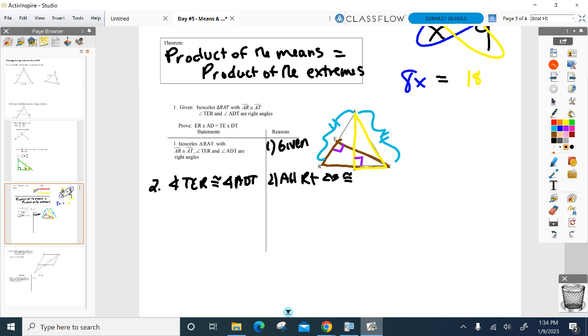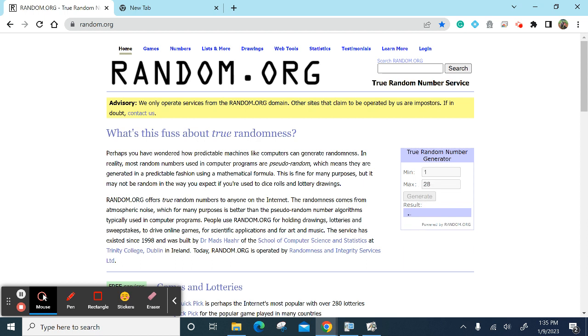Angle ART is congruent to angle ATR. Nice job. I got angle R and angle ATR. I'll ask somebody in a second why that's true. Angle R congruent to angle ATR. How do we get those congruent?